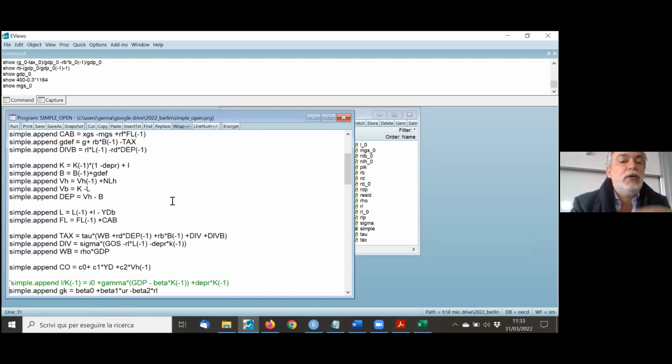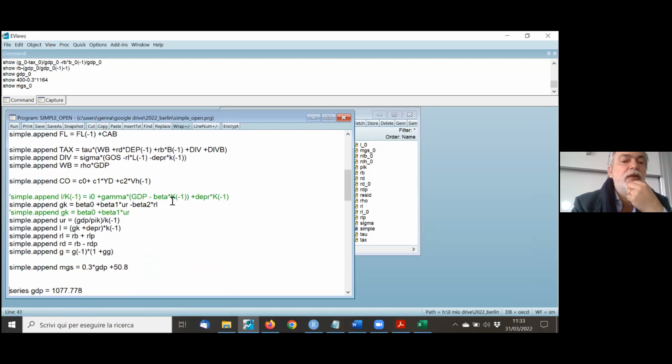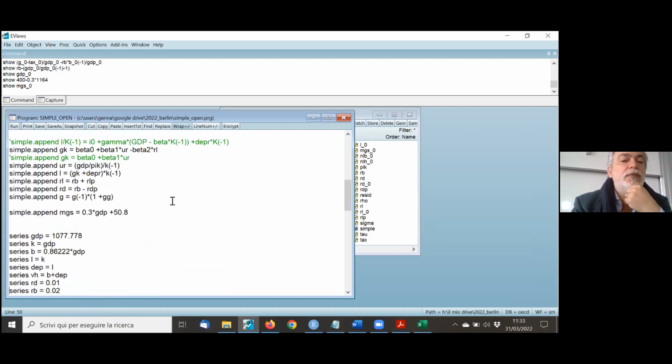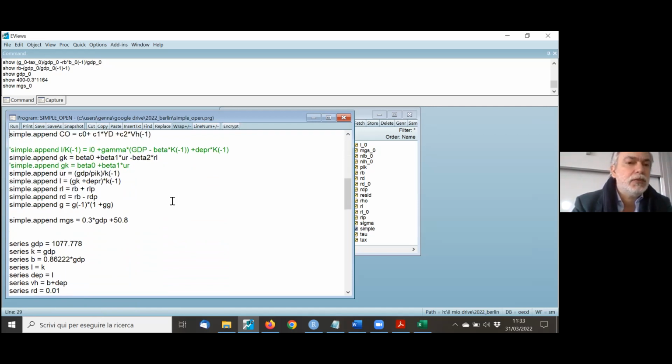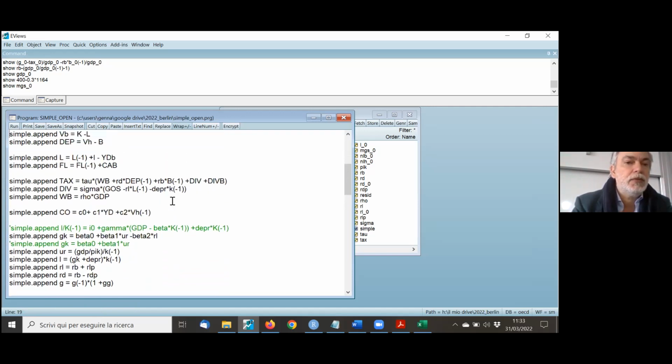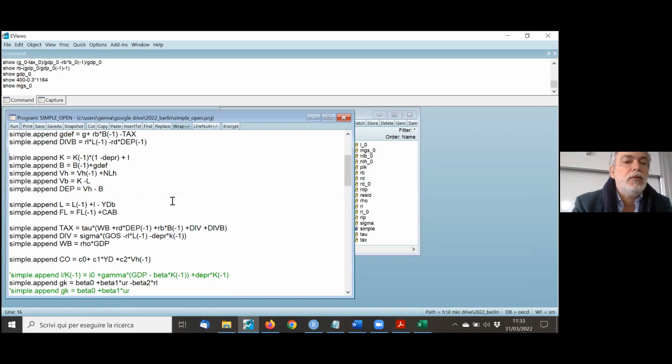And now we have to modify the demand for bonds by the private sector, which was here. So now this will include the stock of foreign assets.